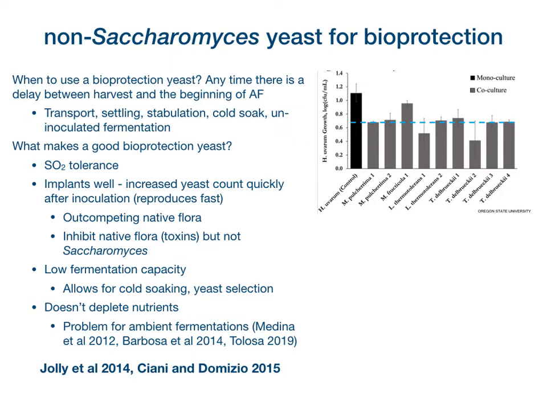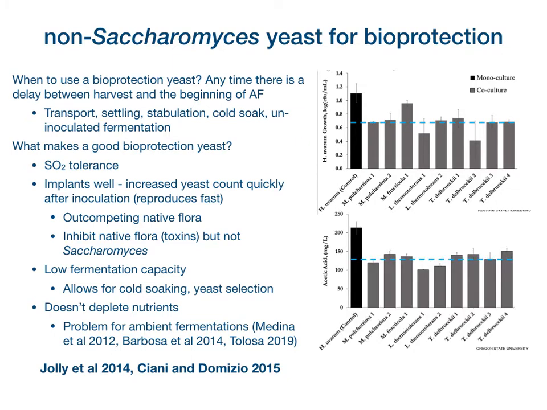And in this case, as you can see, every single one of these commercially available non-Saccharomyces yeast was able to affect the growth of the population of this Hanseospora, meaning there were fewer cells of that spoilage organism when you had this non-Saccharomyces yeast in the mix.